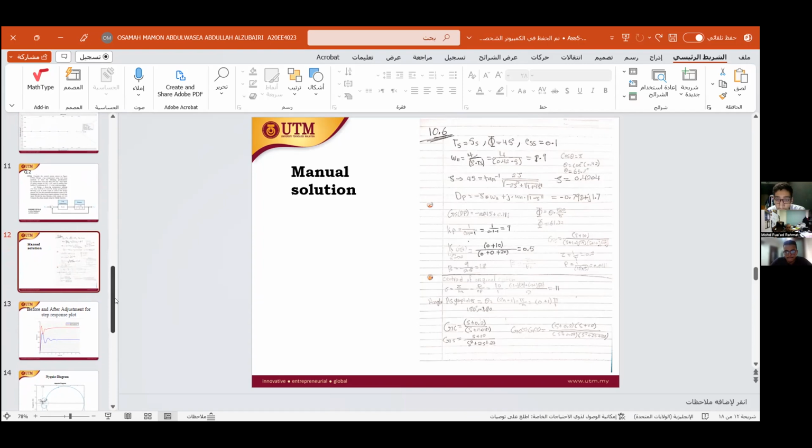After finding our pole, we needed to bring the Kv using the given steady state error of less than 10%.